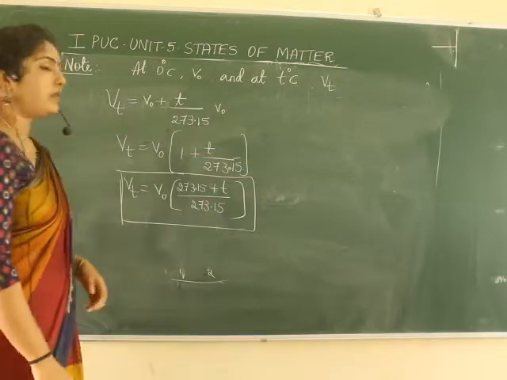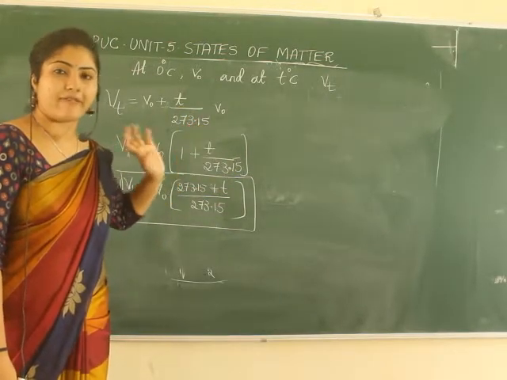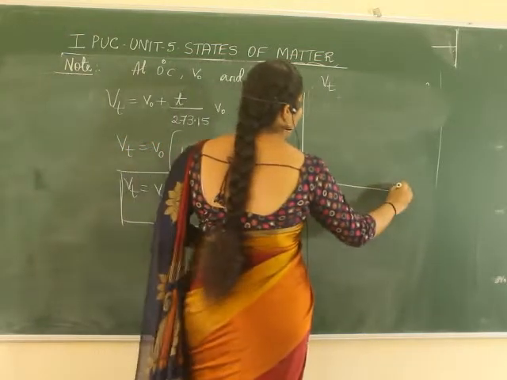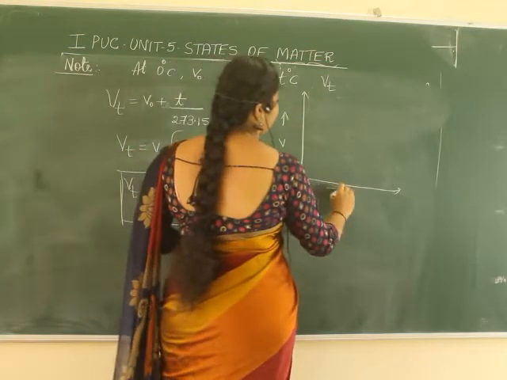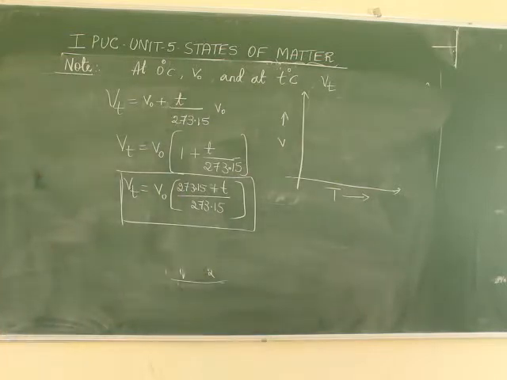Now, we have seen in Boyle's law, we have a particular graph which we call an isotherm. In Charles' law, the graph is volume versus temperature at constant pressure.